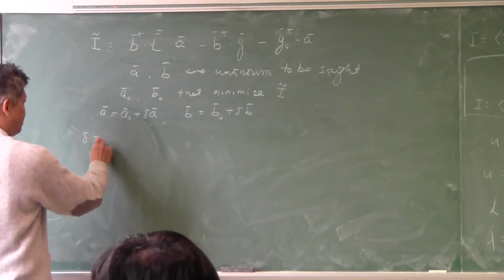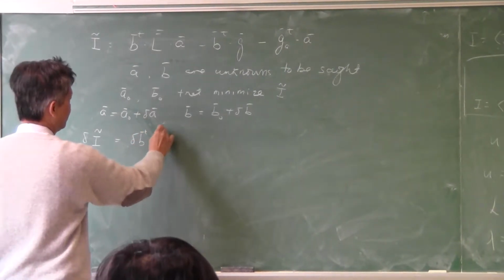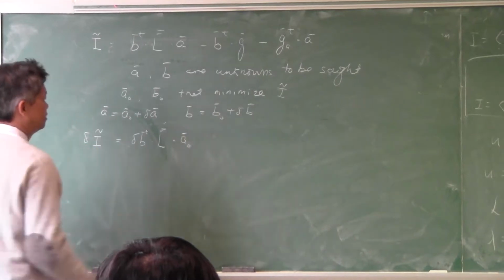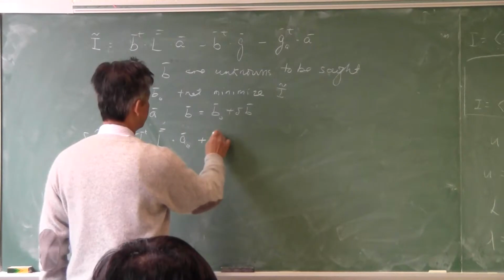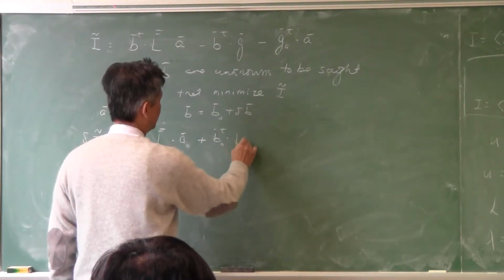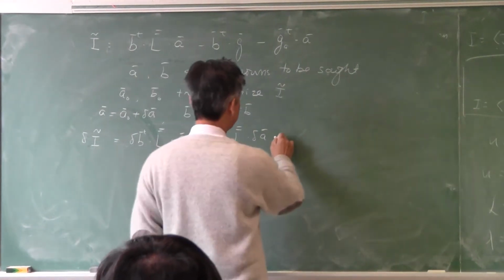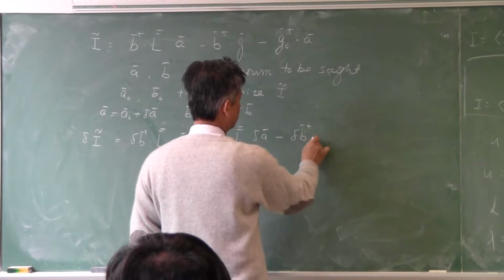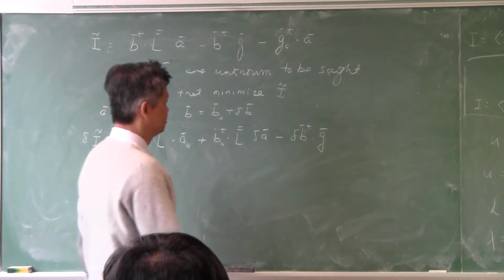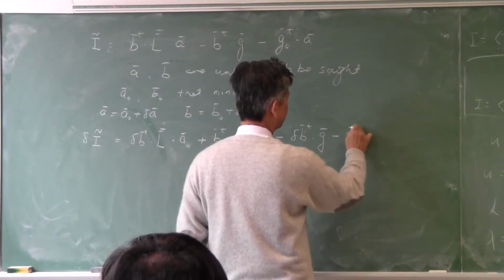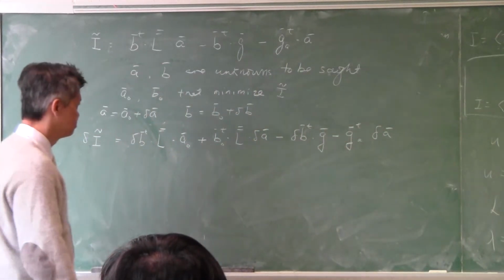We take the first variation of the above, we get delta B transpose dot L dot A optimal, because we are perturbing about the optimal point, plus B optimal transpose dot L dot delta A, and then we perturb B about its optimal solution, and then minus G transpose A delta A. So this is the first variation.